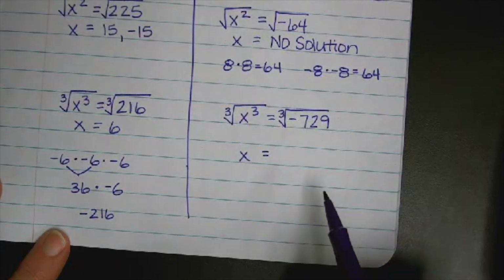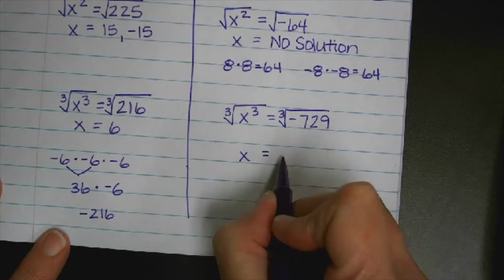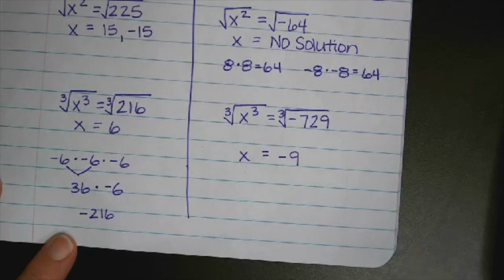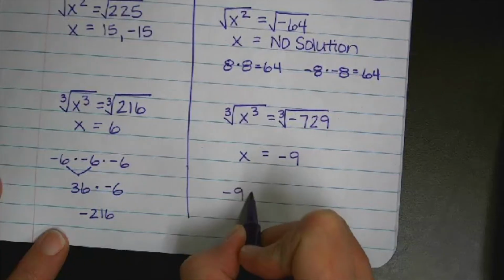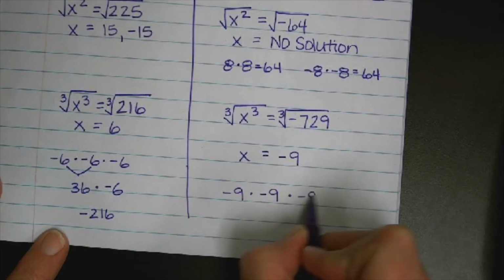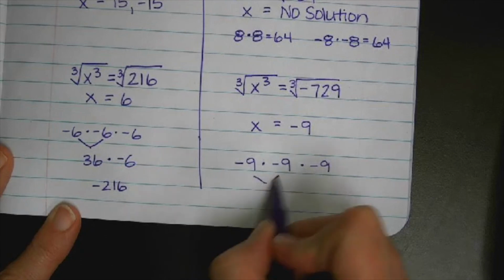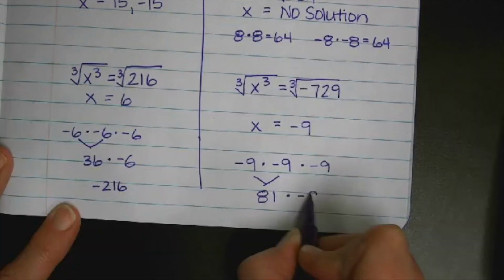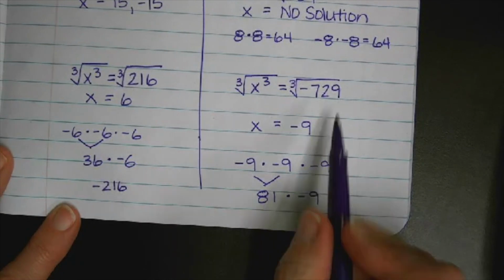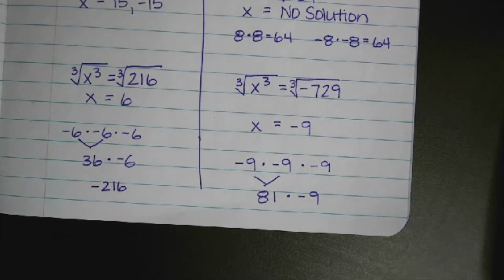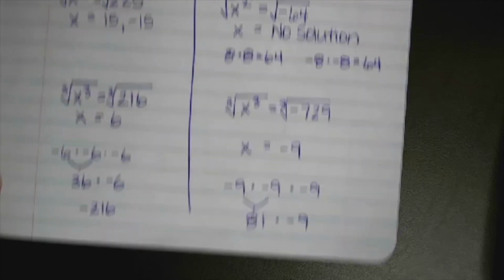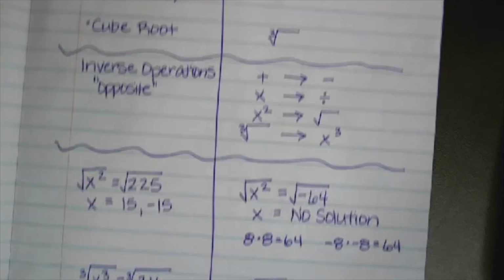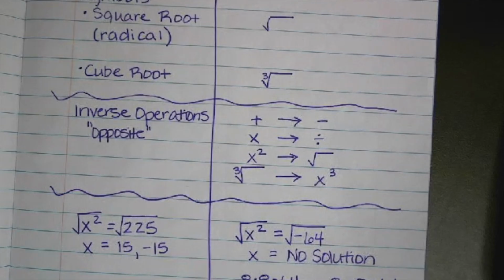I know that the cube root of a positive 729 is going to be 9. So in this case, my answer will be negative 9. I can check this by saying a negative 9 times negative 9 times negative 9. A negative times a negative is a positive, and then when I take a positive times a negative, I will get a negative 729. So these are the highlights from our practice printable from yesterday.